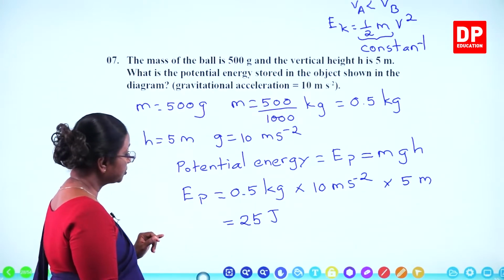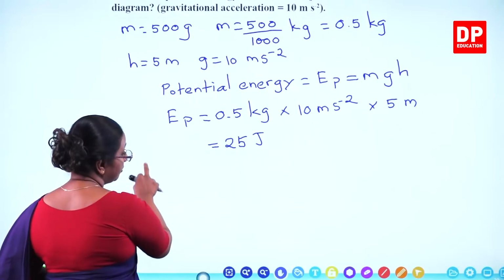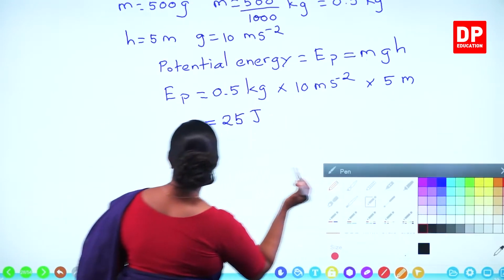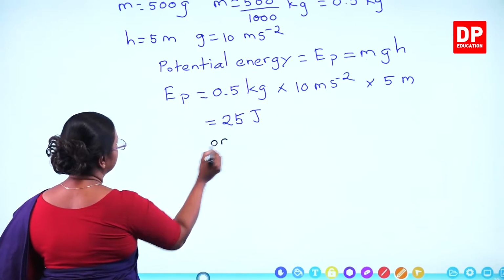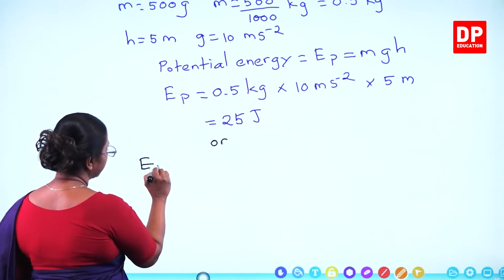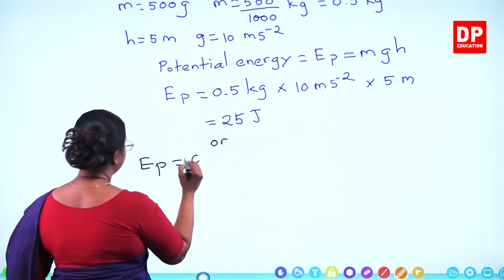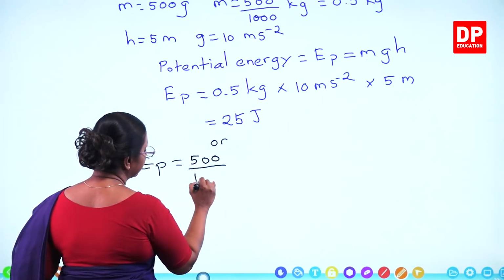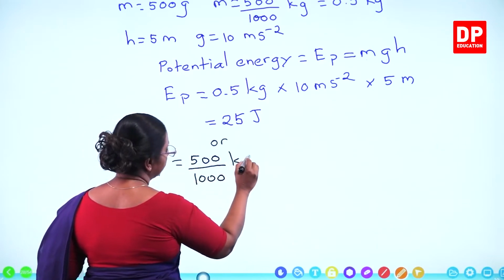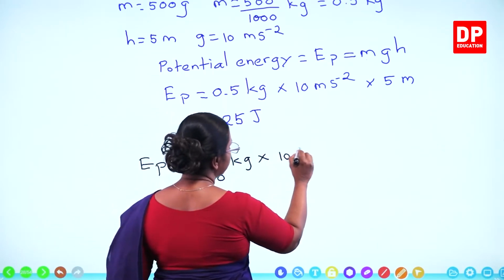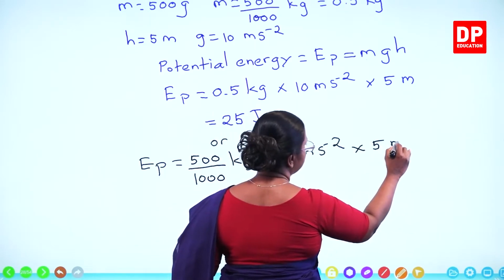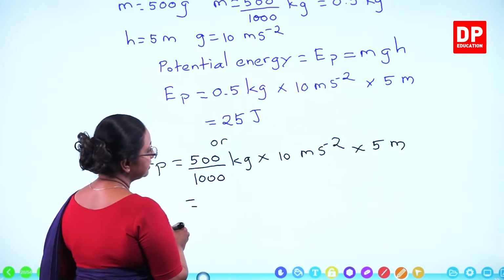Or else, like I told you all before, students, you can do the substitution and calculate. So the other way is the same thing. E potential, you can write it as 500 divided by 1000 kilogram into 10 meters per second squared into 5 meters. Still you get the same answer.